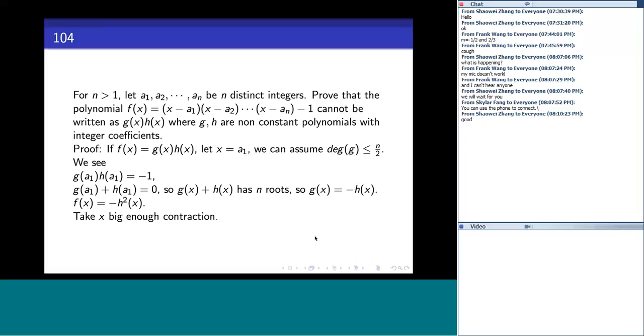So we don't really need to say it. I'm so sorry. So that one, you take x big enough will be a problem. Do you know what I'm saying? When x is big enough, let's go back again.